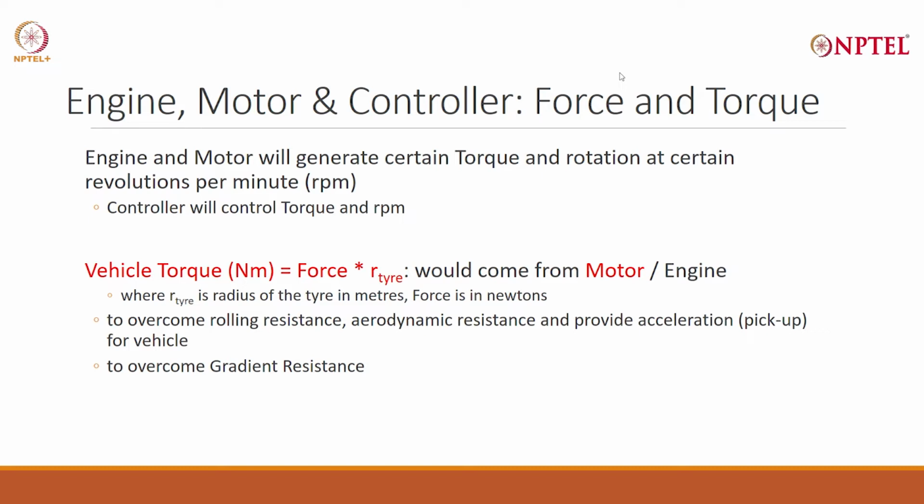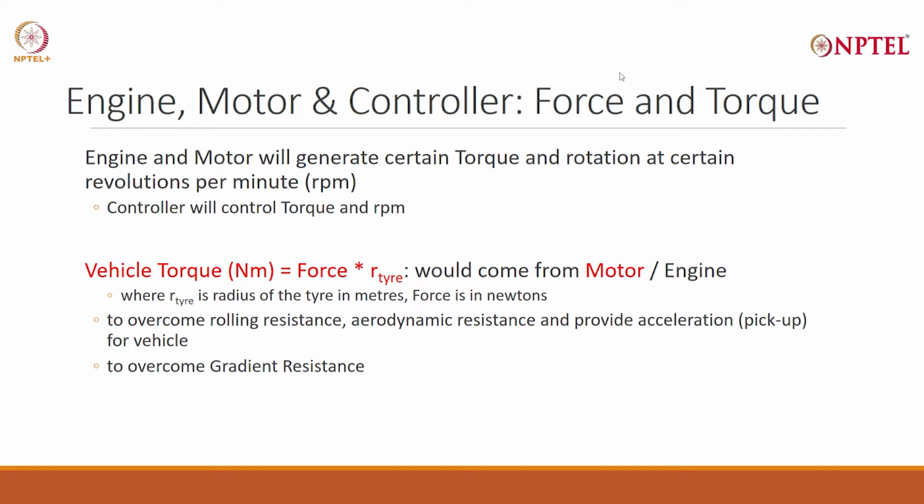It does not like the vehicle passing through. That will slow you down. So, you have to apply a certain force to overcome that aerodynamic resistance, and we will be able to compute the aerodynamic resistance. And third, we may want to accelerate.